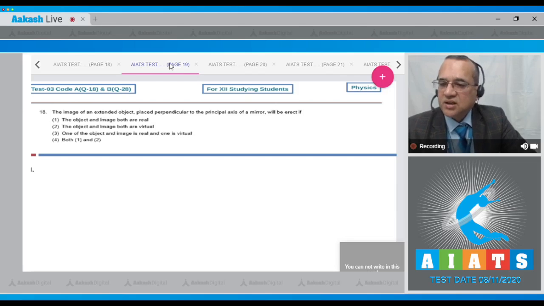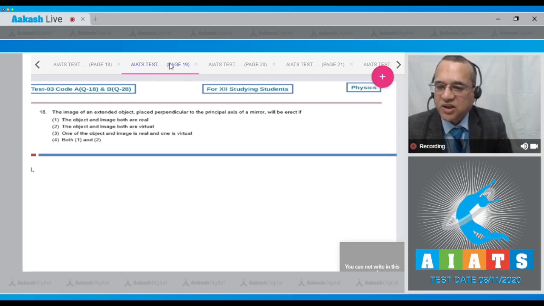Question number 18. The image of an extended object placed perpendicular to the principal axis of a mirror will be erect if: the object and image both are real; the object and the image both are virtual; one of the object and the image is real and one is virtual; both 1 and 2. Now, dear students, you know that m is equal to minus v by u, and that is equal to the height of the image over the height of the object.